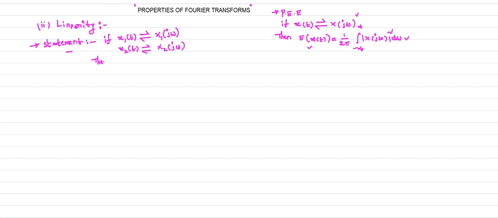Then if we consider the linear combination of these two, which is alpha times x1 of t plus beta times x2 of t, the corresponding Fourier transform is also a linear combination of its corresponding Fourier transforms.